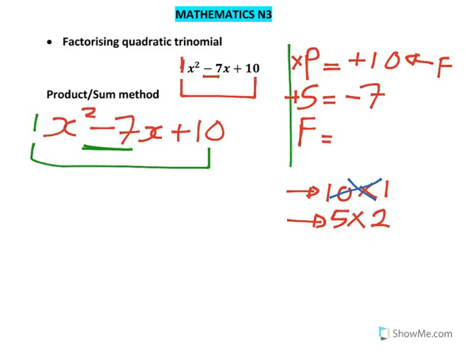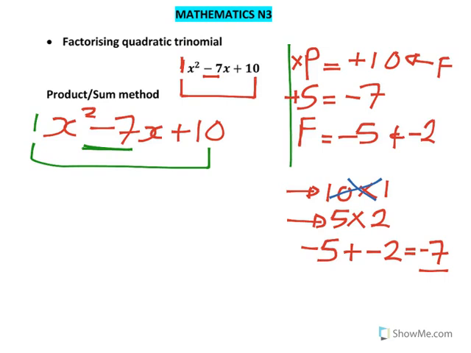You go on and say minus 5 plus 2, you'll get minus 3, which is not correct. You say 5 minus 2, you'll get a positive 3. But if you say minus 5 plus minus 2, you will get minus 7. Bingo! So we got it. It is minus 5 and minus 2.